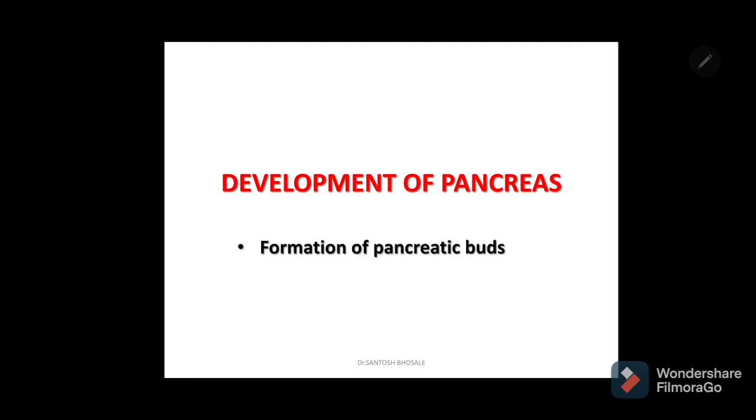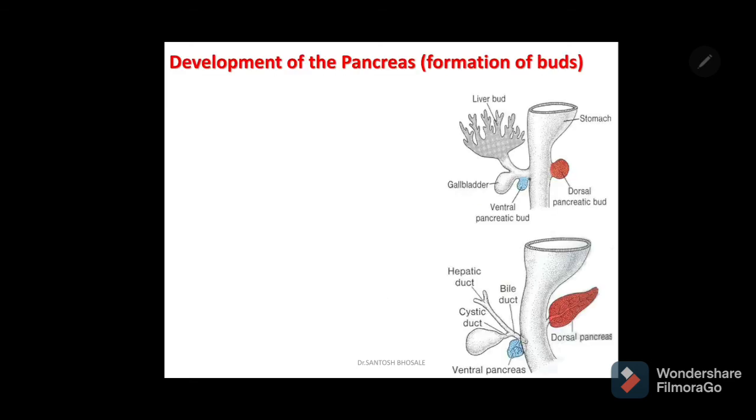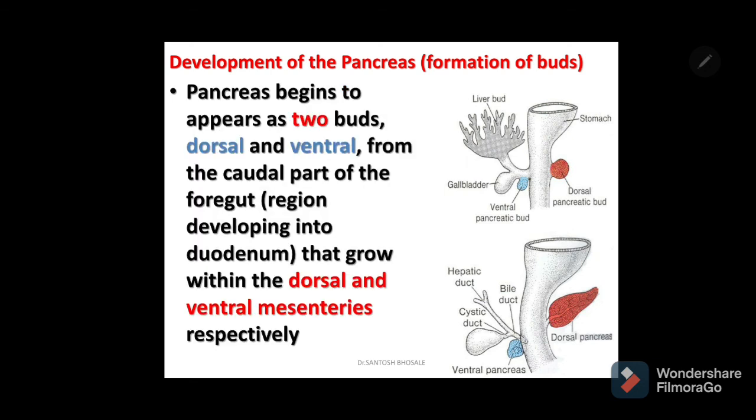Next, moving to the development of the pancreas. So, what are the phases involved in the development of the pancreas? The formation of pancreatic buds, the fusion of the buds, and histogenesis of the pancreas with the pancreatic duct. So, how do these pancreatic buds form?